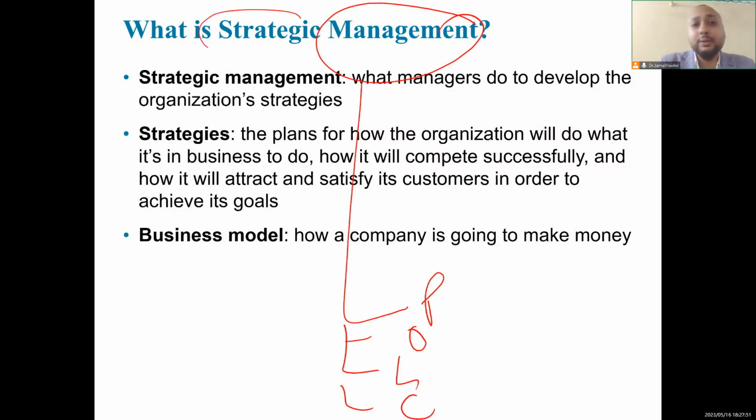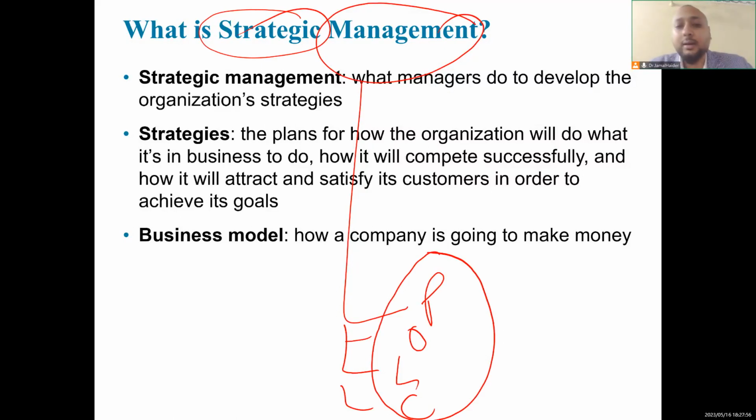When we talk about management, we are performing one of these functions. Since this is strategic management, that doesn't mean that all managers must perform long-term planning. No, some are planning for the long term, some are organizing for the long term, some are preparing or leading the staff for the long term, and some are keeping an eye on controlling the long-term plan: how we are achieving, are we on the same track or not. All right.